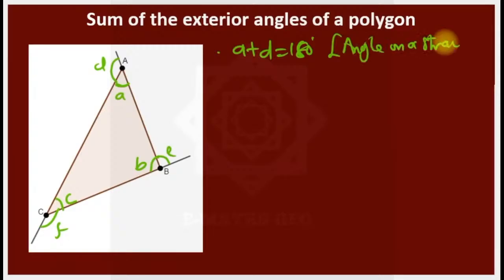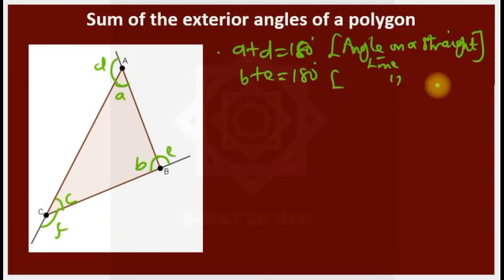That's from our basic geometry: if you sum the angles on a straight line, it gives us 180. In the same way, B plus E is also 180, based on the same argument. And C plus F is still 180. So we have 3 equations.